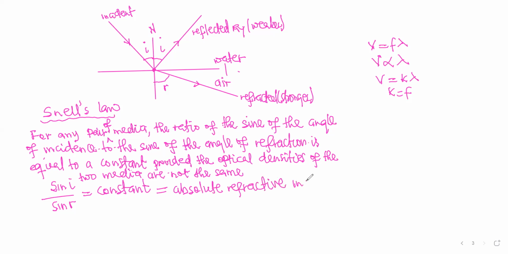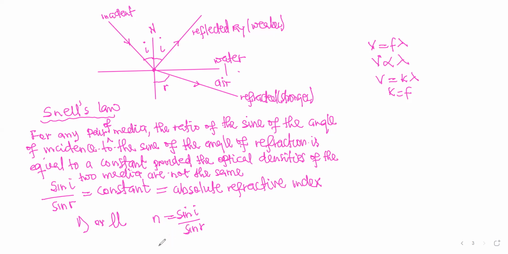Absolute refractive index is actually represented by the symbol mu or nu. Usually as students, we simply write n. n is equal to sine i over sine r, where n is the absolute refractive index.